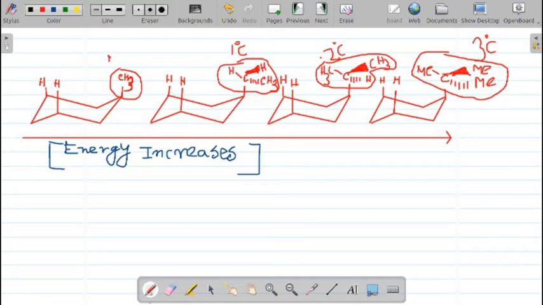And we can see that the energy of this conformer will increase when we increase the size of the substituents.